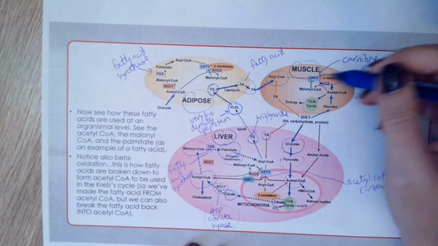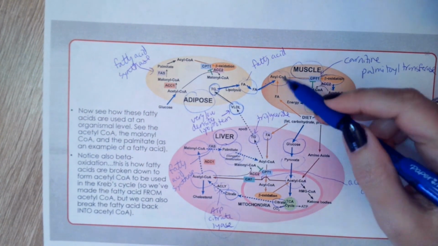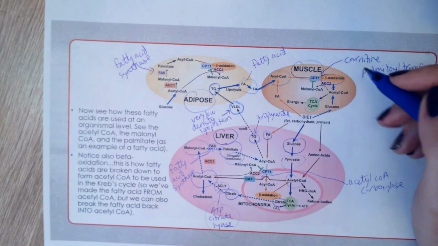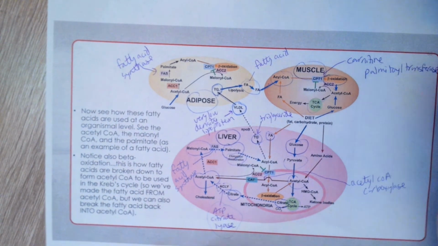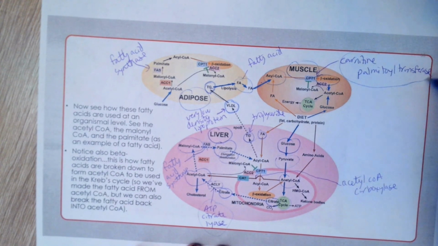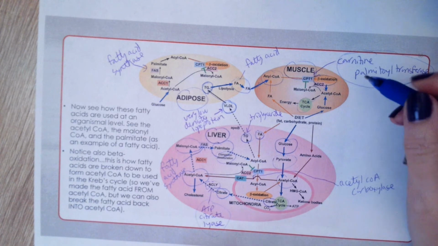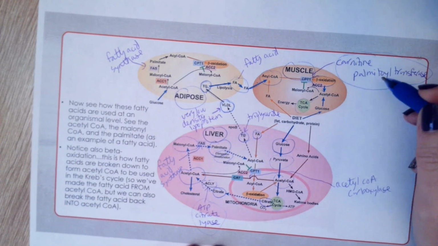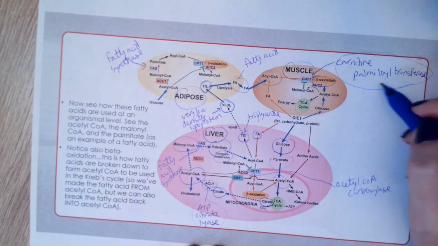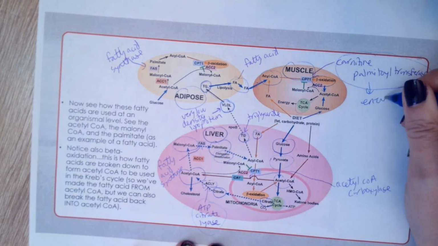Now the reverse pathway, when we're taking our fatty acid and turning it into acetyl-CoA, it uses this enzyme here. I just wrote it down here. We are going to look at beta oxidation in a bit more detail later on in this unit, but just to introduce you to this enzyme, carnitine palmitoyl transferase. It's an enzyme as part of beta oxidation.